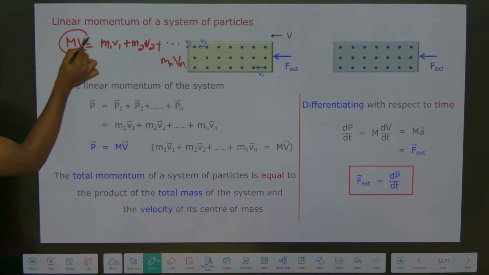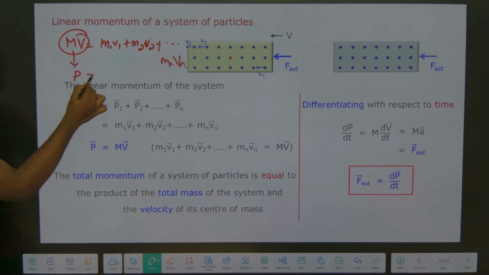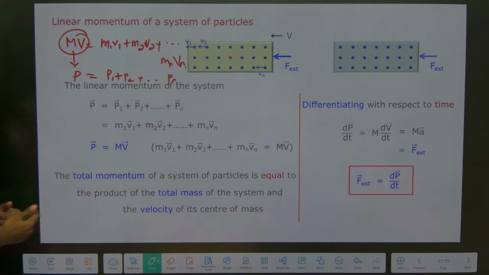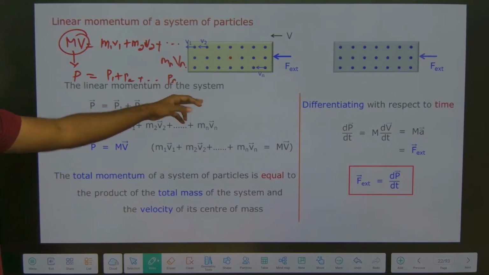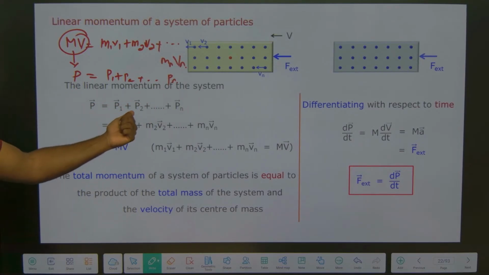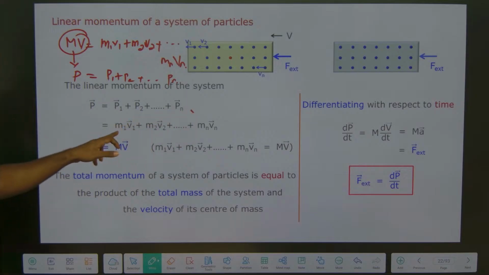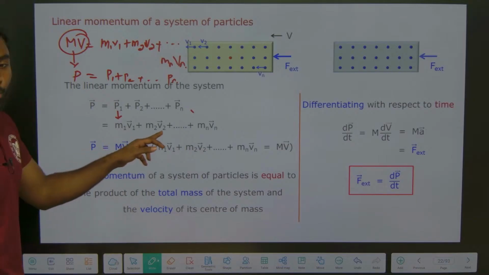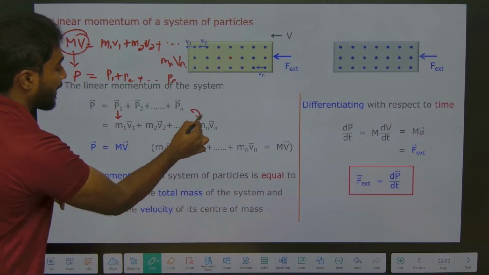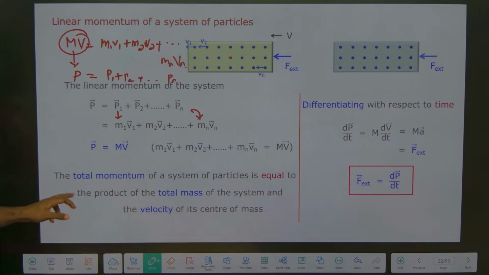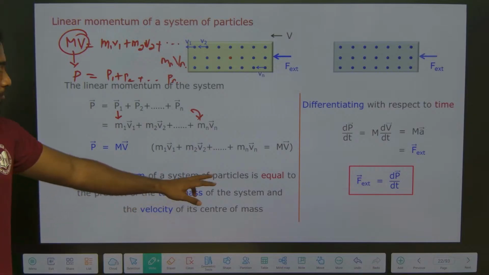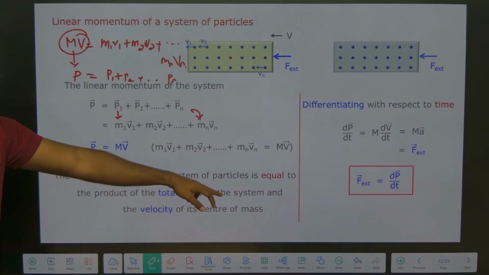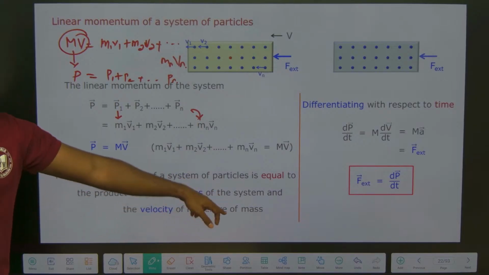So mass into velocity is nothing but momentum, which is p1 plus p2 plus up to pn. So the linear momentum of the system is p equal to p1 plus p2 up to pn, which can be expanded as m1 v1 plus m2 v2 plus up to mn vn, right? So the total momentum of a system of particles is equal to the product of the total mass of the system and the velocity of the center of mass.